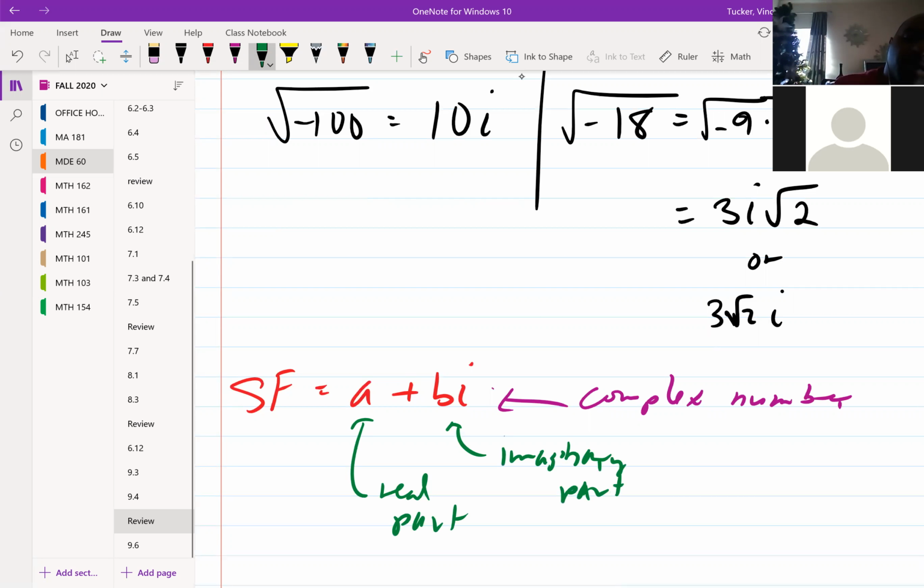That's always the standard form, real part first, imaginary part second.